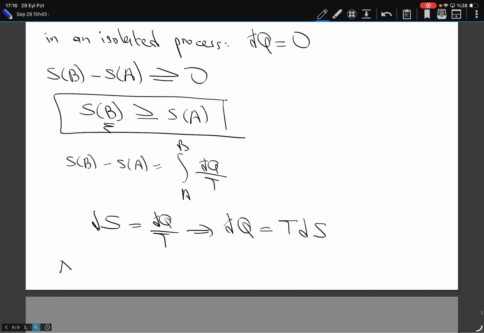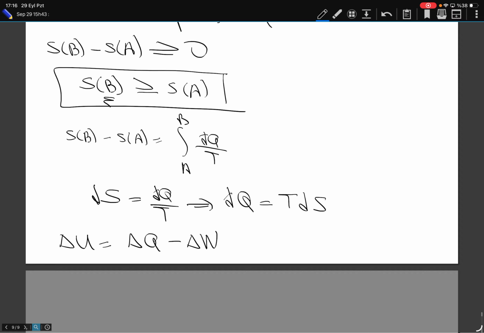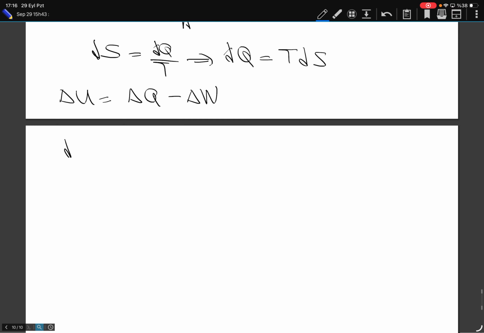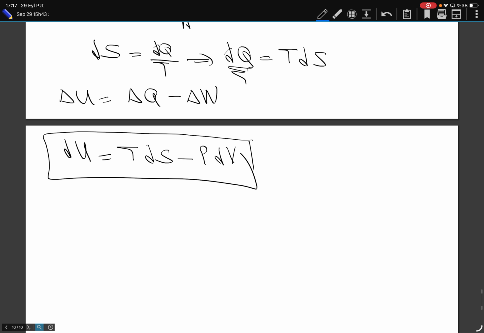The first law tells me that delta U was delta Q minus delta W. The change in the internal energy for two very nearby states of the system, let me call it dU, will be, well, delta Q is just TdS. Delta W, the work done by the system, we just said is PdV. So this is a relation between the differentials of internal energy, entropy, and the volume of my system.